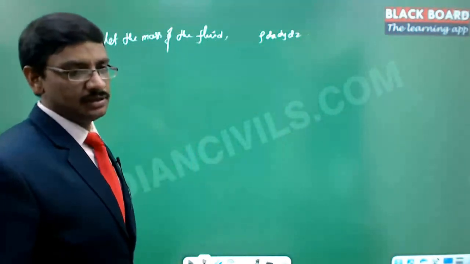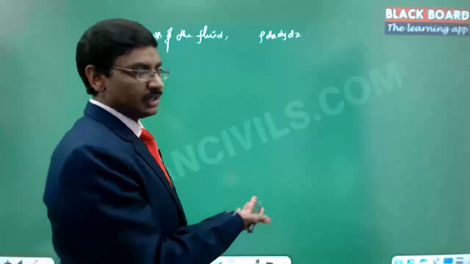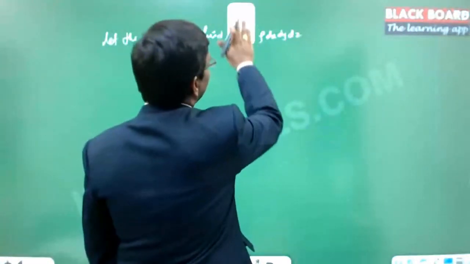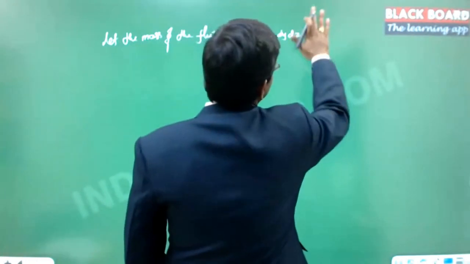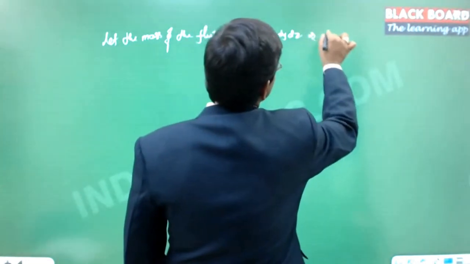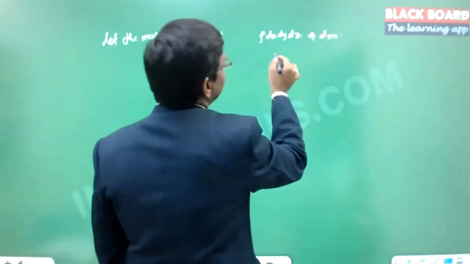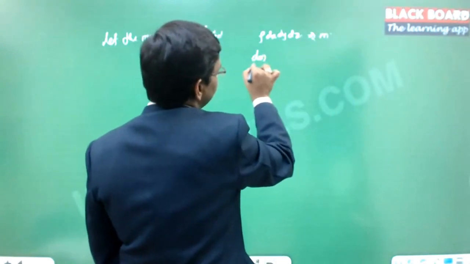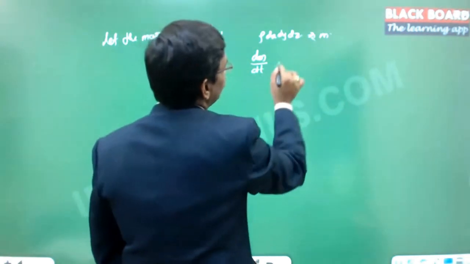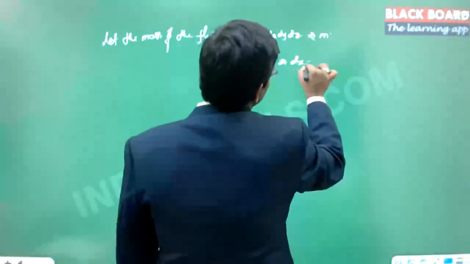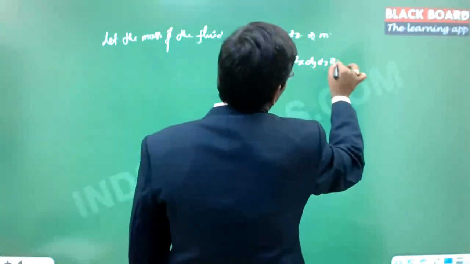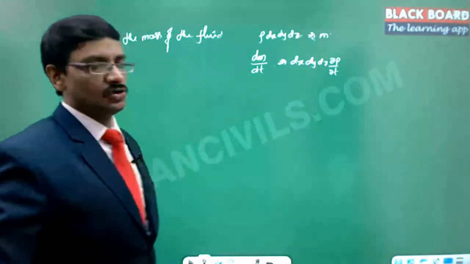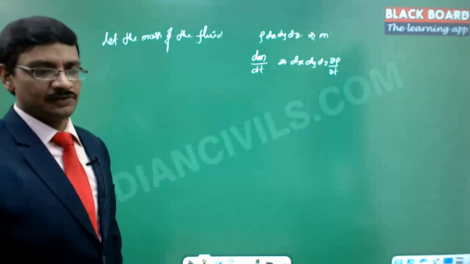For the elemental volume, if you try to equate the flow rate, this is dm. So the rate of increment of the mass within that particular closed volume, dm by dt, is equal to dx dy dz into dou rho by dou t, right? So this is the rate of increment of the mass.